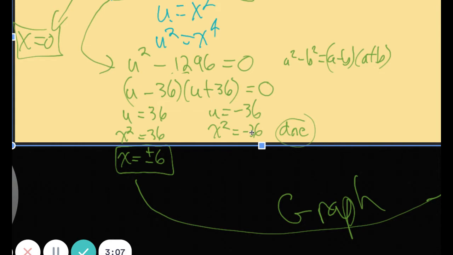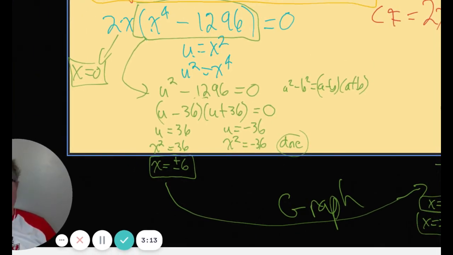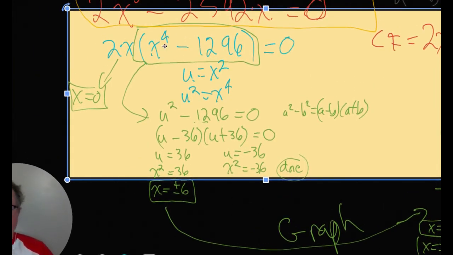Here I've got x squared equals negative 36. There's no solutions for that, DNE. Okay, and again, what am I trying to do always? I'm trying to change x to the fourth to u squared. Well, if x to the fourth is u squared, then x squared will always be u.